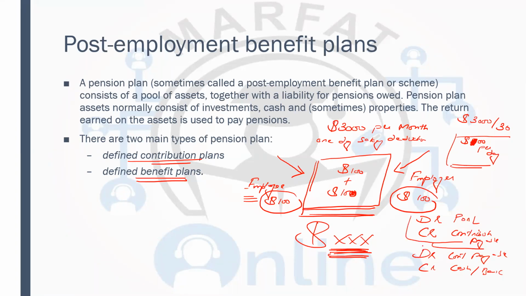But the point that you are going to notice here is that the employer is not going to guarantee any amount. This amount will not be any guaranteed amount. All the employers in the defined contribution plan will be contributing a particular sum based on the salary to the employee's pension plan, and whatever it earns by the end of the day belongs to the employee.